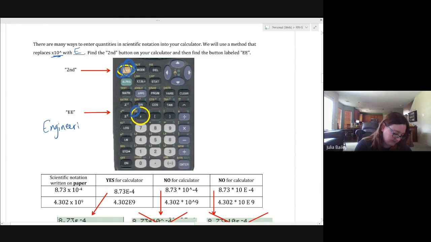This is how engineers tend to write scientific notation because it's faster, and engineers as a group tend to be about speed and efficiency. It's sort of like their thing. So engineers pioneered using the E this way, so they get it named after them. Lucky engineers.